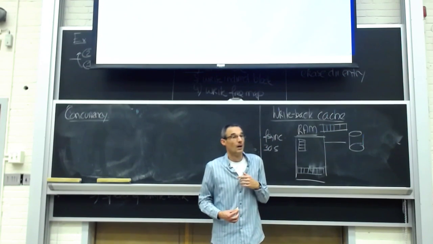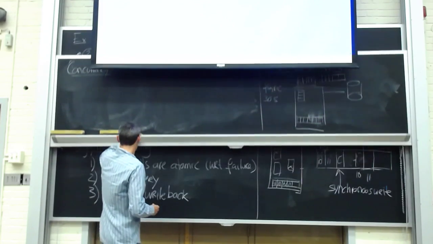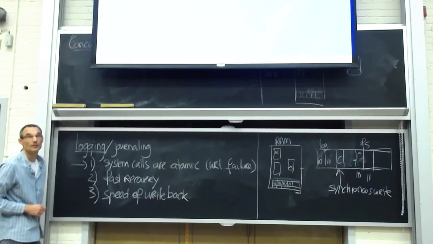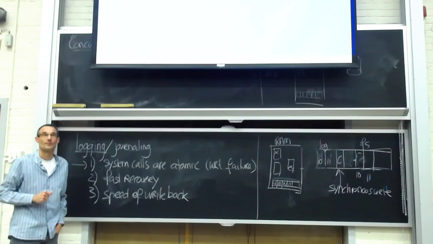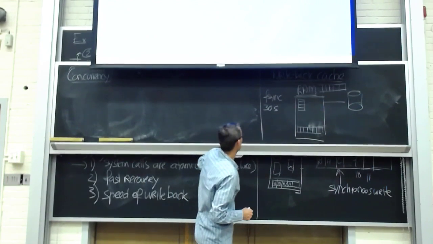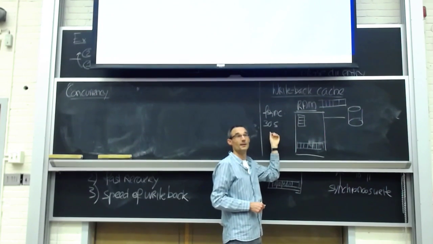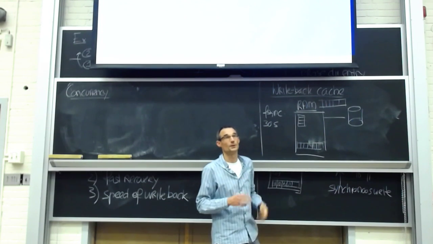Now, one of our goals was to apply all the changes of the system call atomically, meaning that we apply all the changes or none of them. So at some point in time, we've updated some internal structures, and we want to flush stuff to disk. Well, what can we flush to disk?